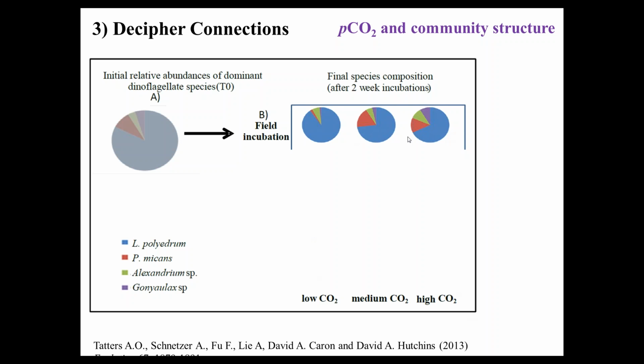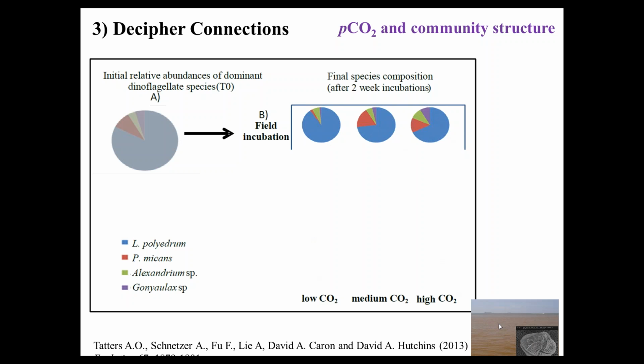And some of these other organisms, which also included a toxin-producing Alexandrium, actually gained some community share.